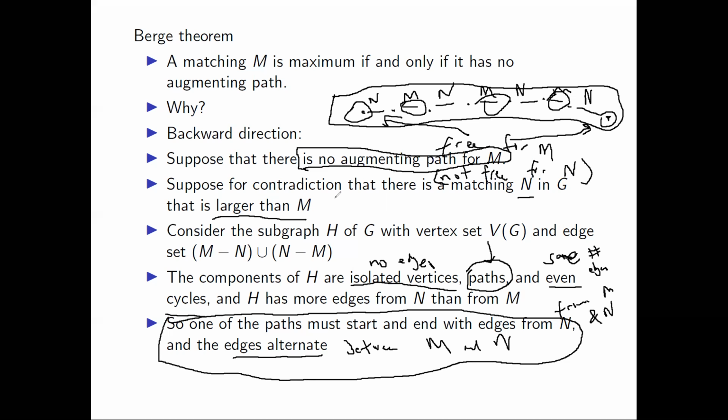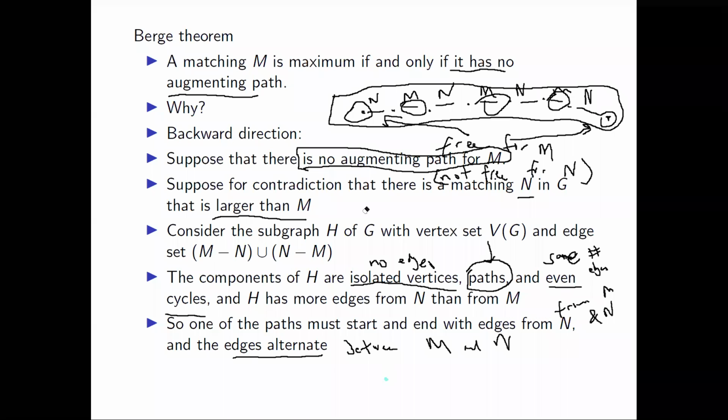So that's an augmenting path for M, but we assumed that there's no augmenting path for M. That was our assumption here. So we're trying to prove the backward direction there. So we're saying M had no augmenting path there. So that means that we just got a contradiction. We built an augmenting path for M, but M has no augmenting path, so contradiction. And that tells us that since we got a contradiction, our assumption for the contradiction was a false assumption.